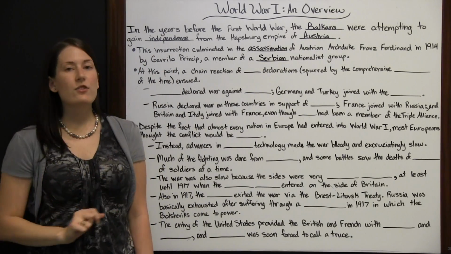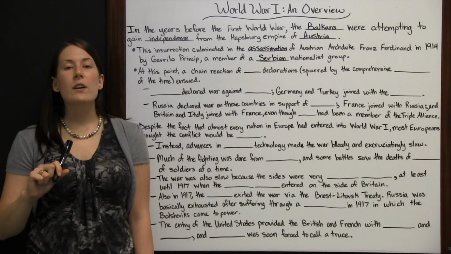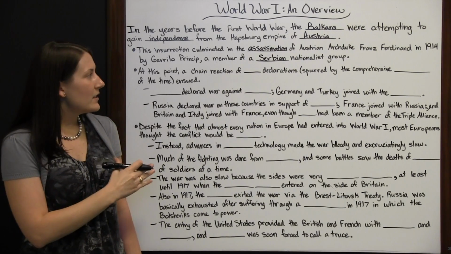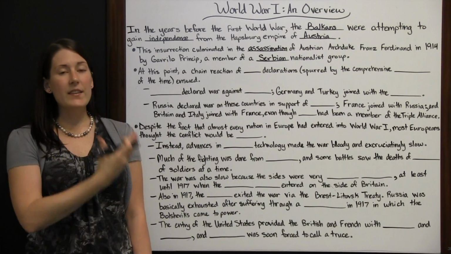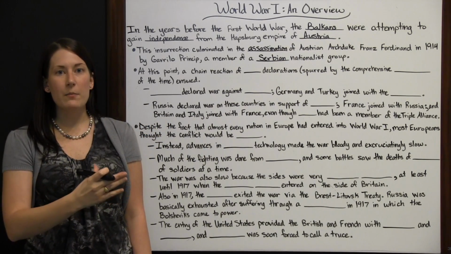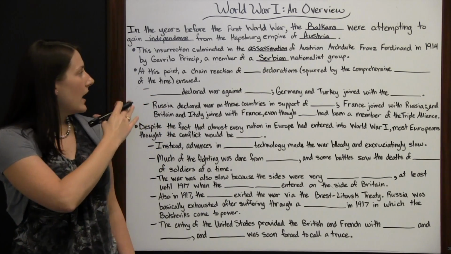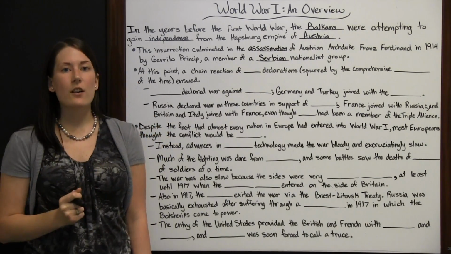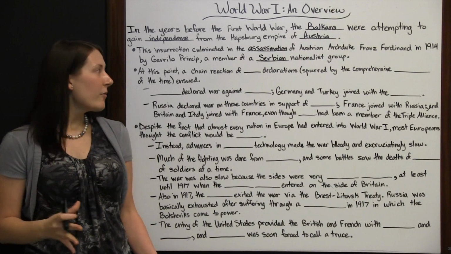So the Austrian Archduke Franz Ferdinand was in line for the throne. He was an heir to the throne. And so since the Serbian nationalist group, Serbia being one of these Balkan city-states, had sent a member of their group to assassinate this Austrian Archduke, there was a big problem here.